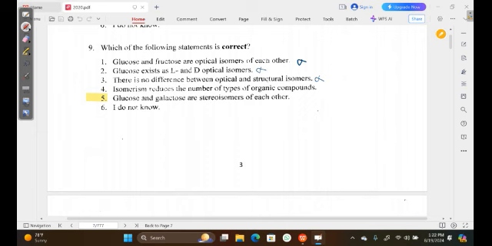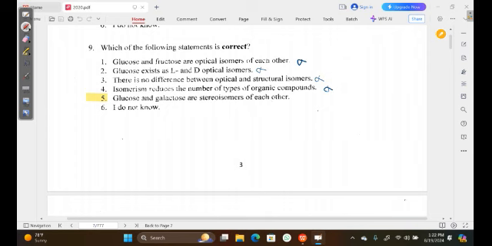But when we talk about optical isomers, it's slightly just the orientation of one or two atoms. Then isomerism reduces the number of types of organic molecules? No, it actually increases the number of molecules, because we'll have the D, we'll have the L, and all that.